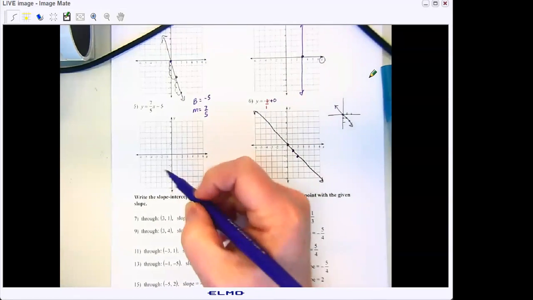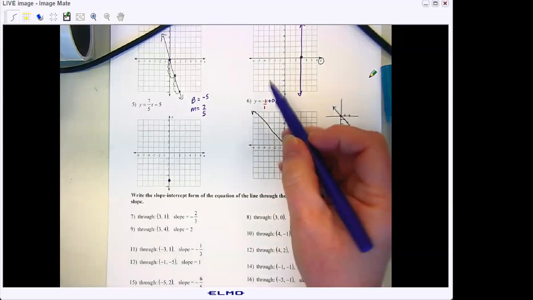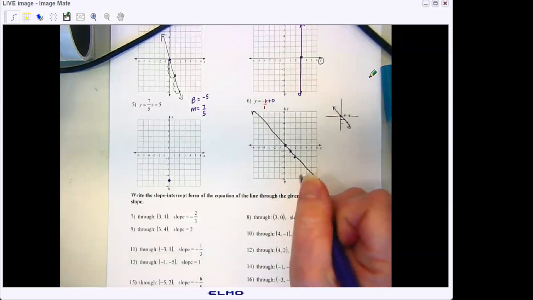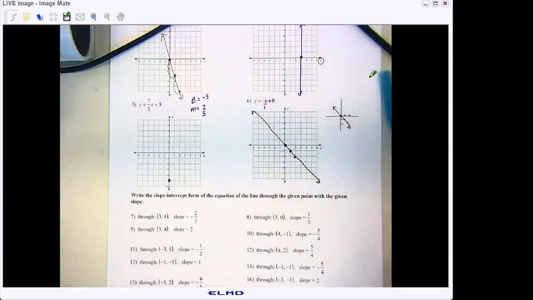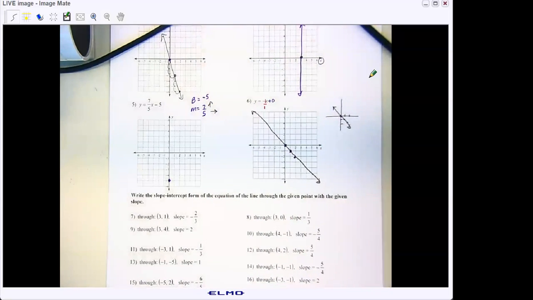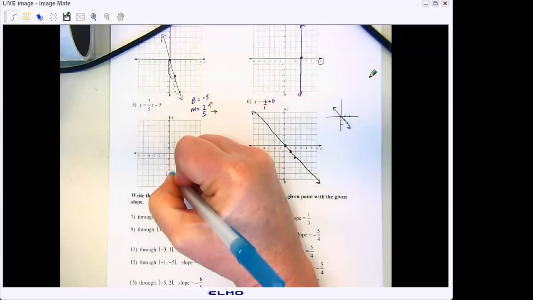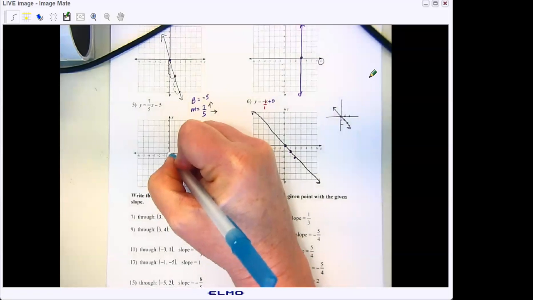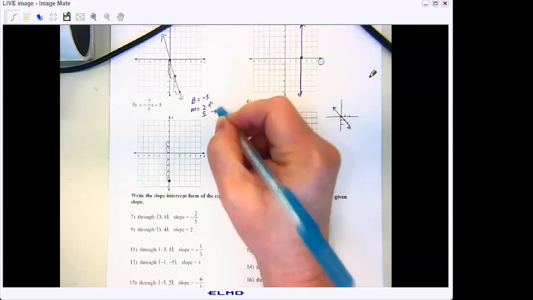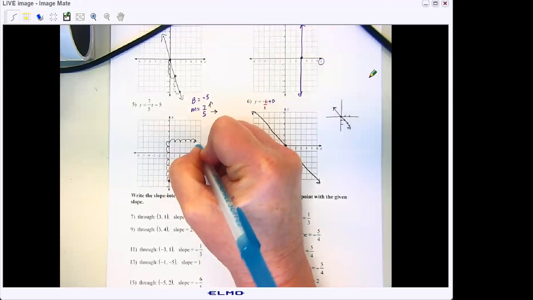So when I start at -5, right here on the y-axis, everything starts on the y-axis unless it says x. Okay. I'm going to go up 7 and to the right 5. Up 7, 1, 2, 3, 4, 5, 6, 7, and over 5. 1, 2, 3, 4, 5.